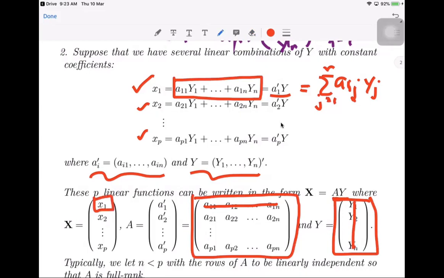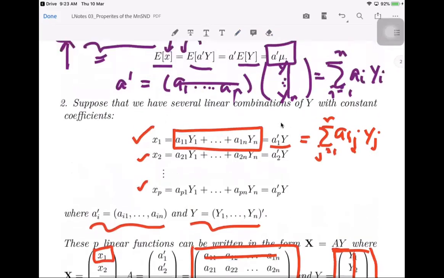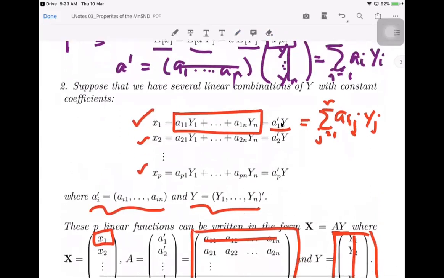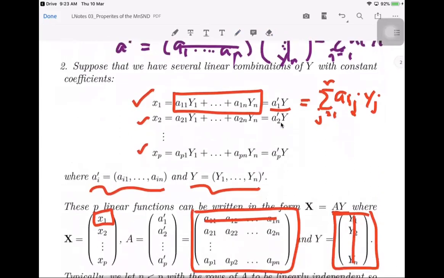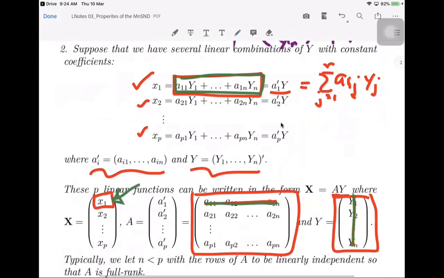Are you following? Yes, ma'am. So this times that is what comes out. Which is equal to this. So that is just transforming your linear combinations into matrix notation.